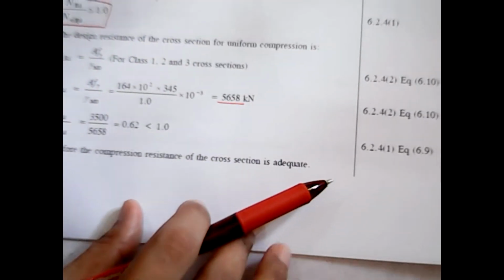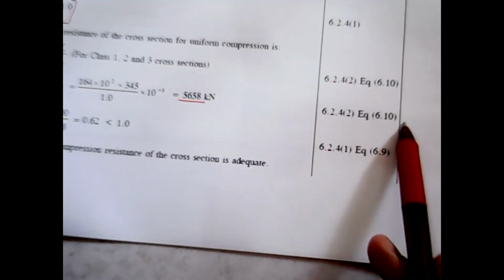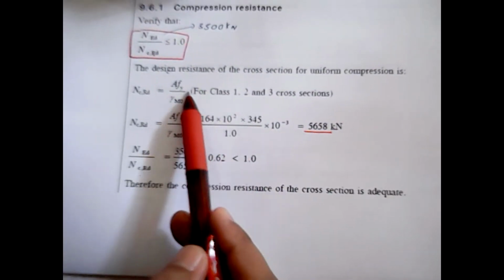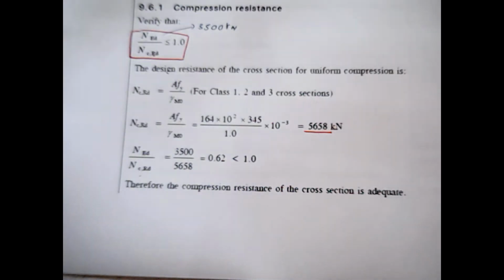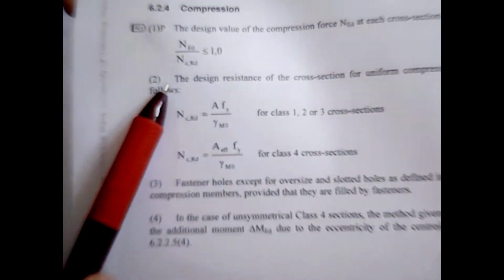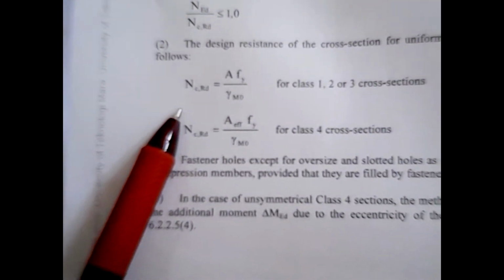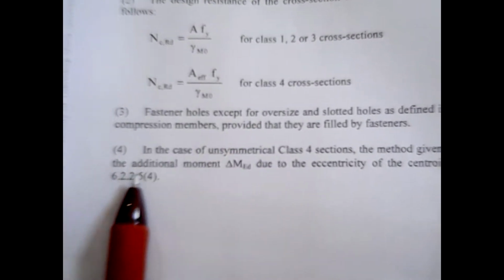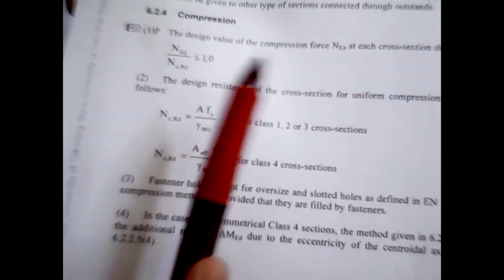In your notes you can refer to all these clauses, which give detailed explanations of these parameters. What is NCRD? It is given for class 2, class 3 and so on, so please refer to your notes as well.